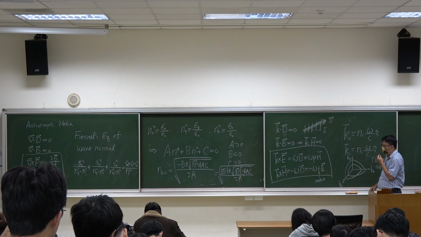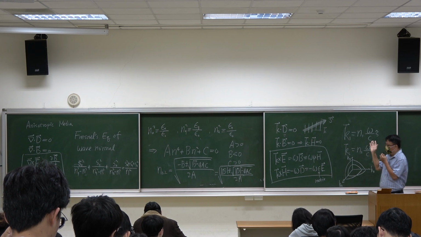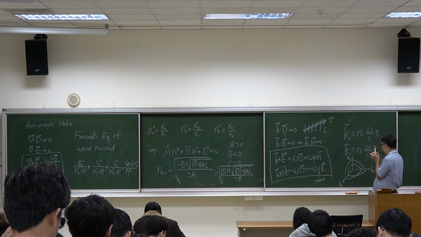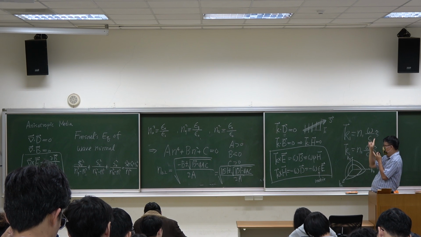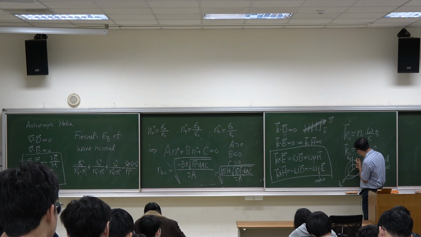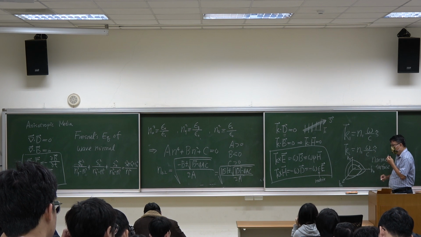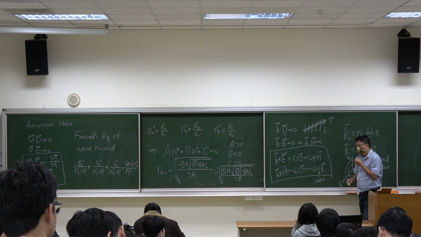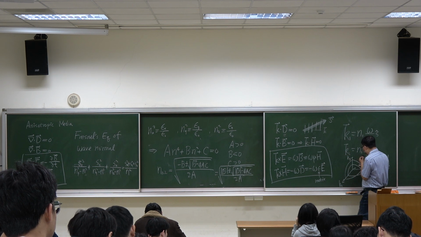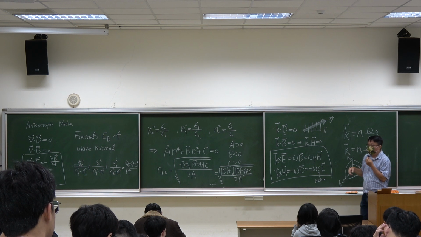So the normal surface means that for a given direction, you just choose your direction. Then you draw a line along that direction. Then you get two possible intersections with the double shell surface. These 2 points correspond to these 2 possible K vectors.